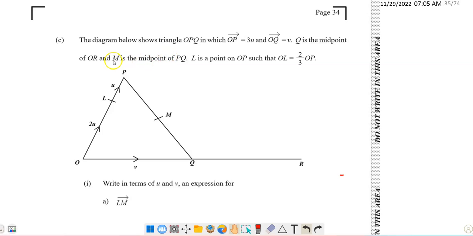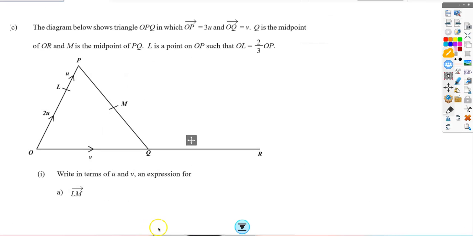And M is the midpoint of PQ. L is a point on OP such that OL is 2/3 of OP. So you are asked to write in terms of U and V an expression for LM.